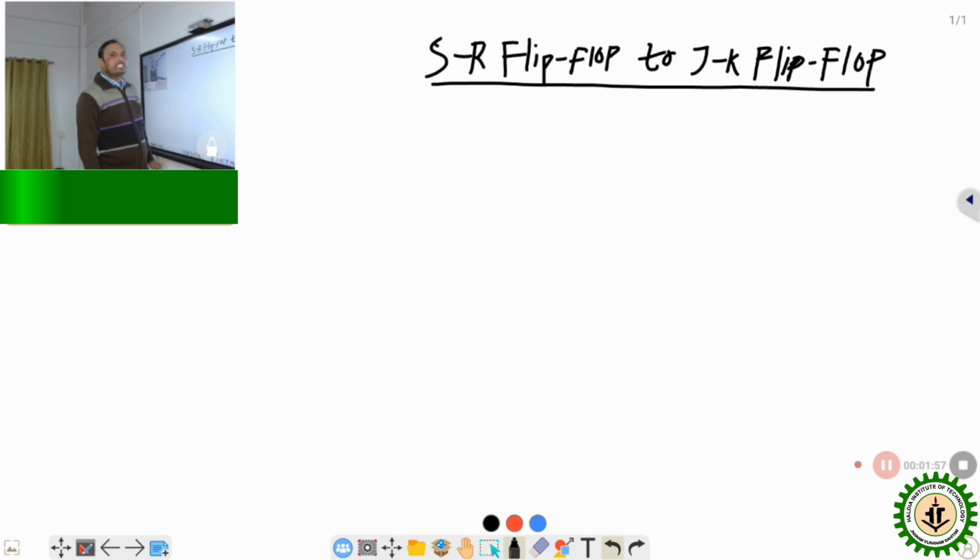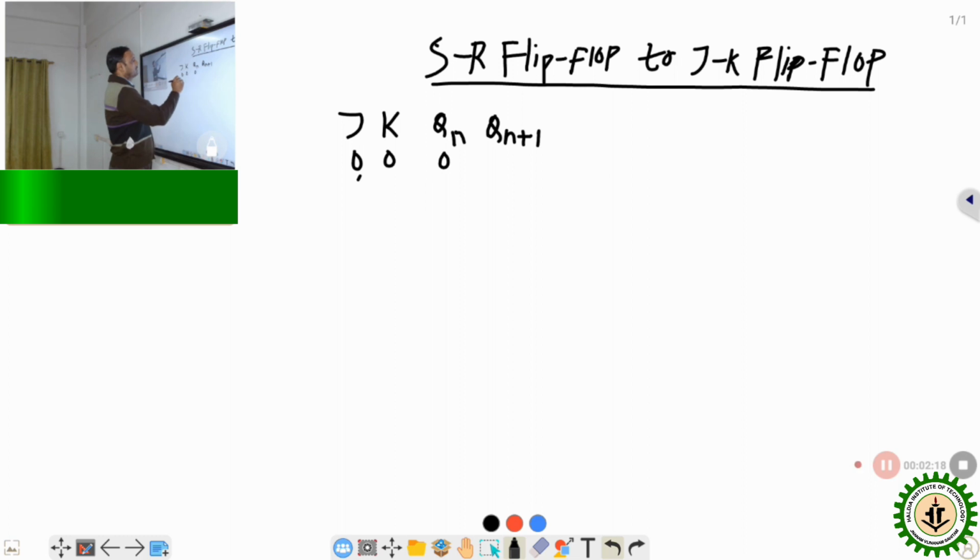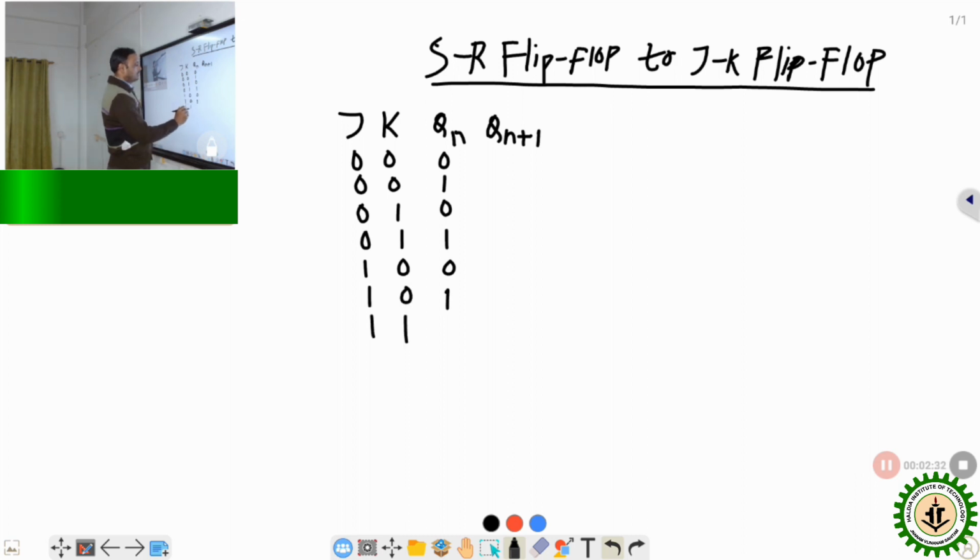So I am writing the characteristics table of JK flip-flop. Here J and K are the inputs, Qn is the present output and Qn plus 1 is the next output.